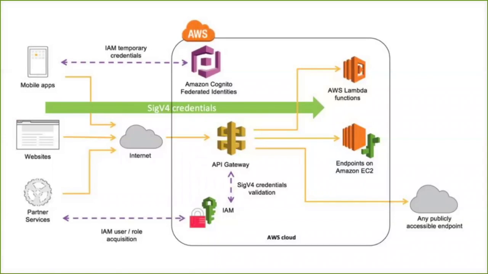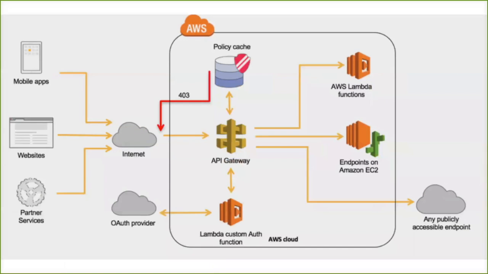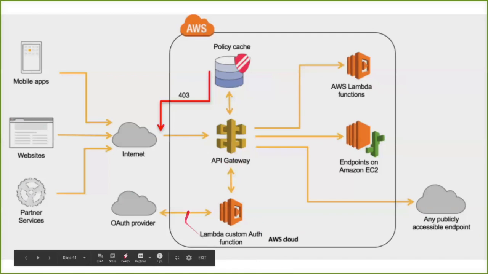Or else you can have Cognito do the authentication. So basically, you can plug in Cognito at the API Gateway level to do the authentication and authorization. And similarly, if you are not a fan of Cognito, or you have a different way of securing your application, say you have a different auth provider, you can make use of that. Basically, you can write the authorization logic in a Lambda function and hook it to the API Gateway.